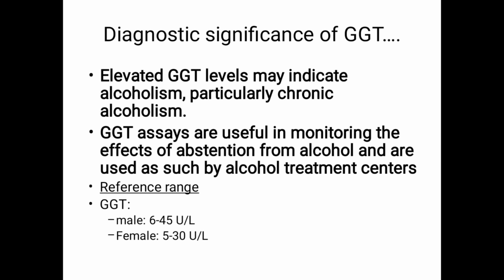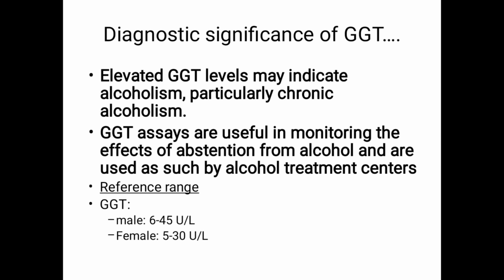What is the meaning of abstention? Alcohol withdrawal. Some are addicted to alcohol, no? So their GGT levels are high. They will give some treatment, care, counseling and all. After that, they stop drinking alcohol, and for monitoring, GGT is one of the tests.